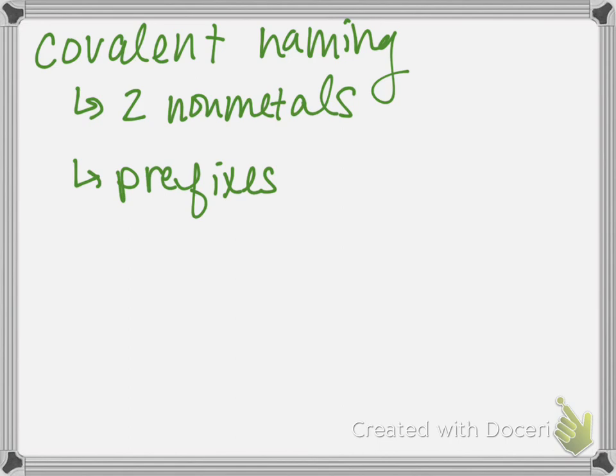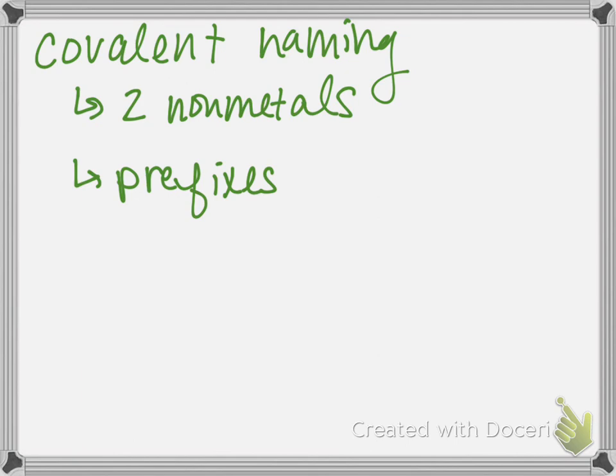Mono, di, tri, what's four? Tetra. Good, very good. And then it just goes with regular prefixes, so penta, hexa, hepta, octa, whatever. I don't know what 9 is, nona, and then deca. So after that first four, you can kind of look it up. But covalent naming gets these rules.